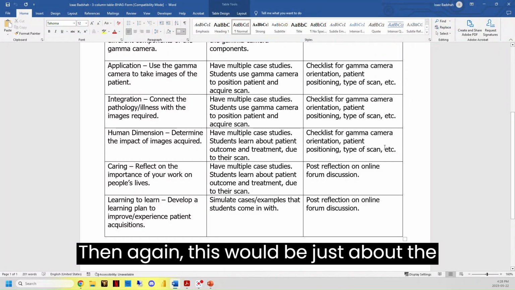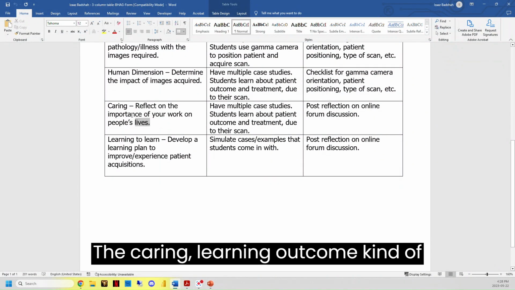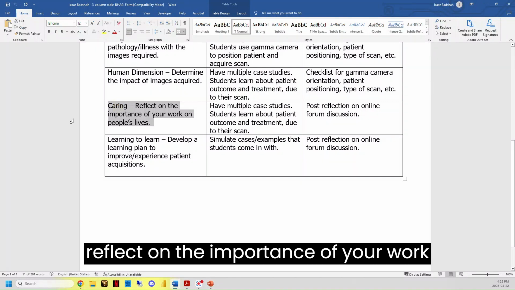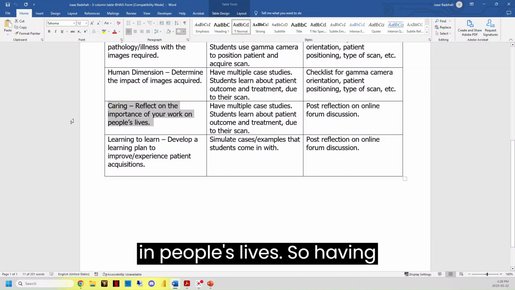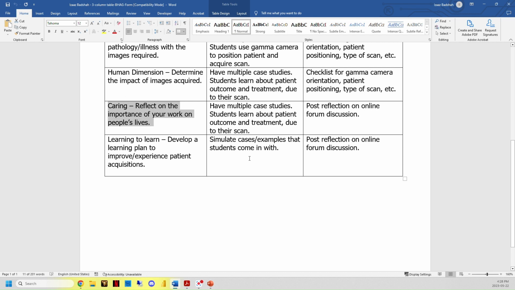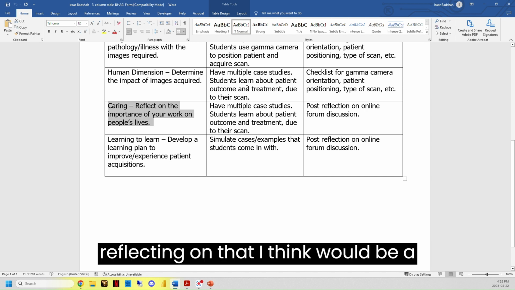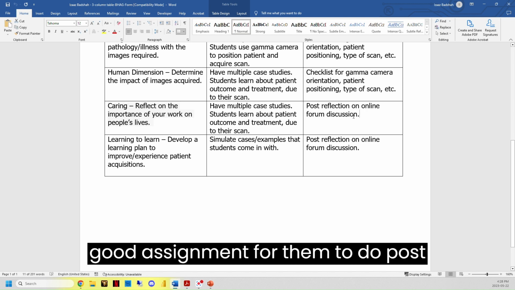Again, this would be the same checklist. The caring learning outcome is to reflect on the importance of your work in people's lives. So learning about that patient outcome, your treatment, and reflecting on that would be a good assignment for them.